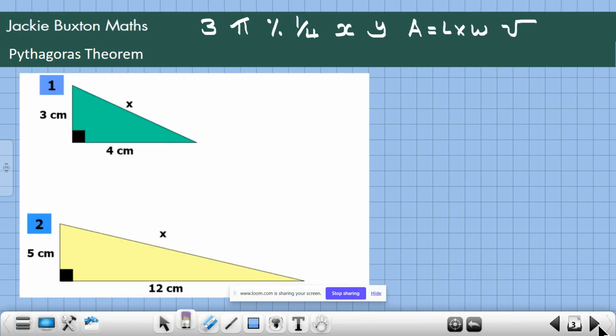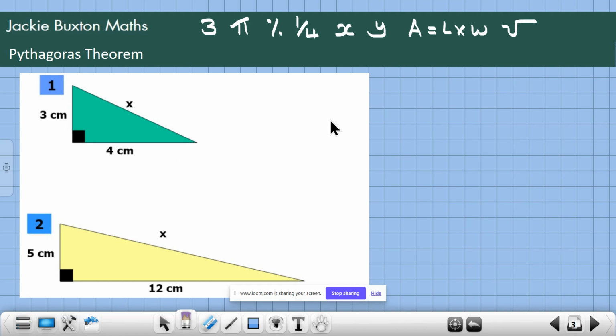Okay, so here's our first one, and this one looks like the one we've just done, but let's work through it. What we've got here is 3 and 4 are the shorter sides, and so if we square those, we will get the square of x.